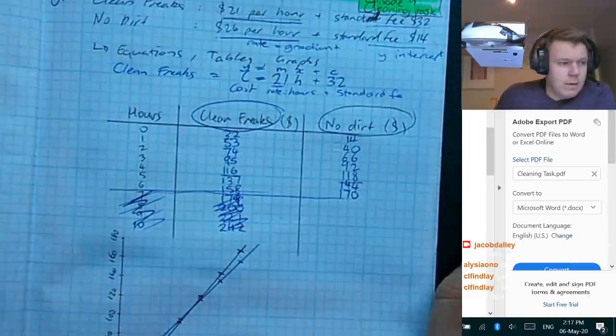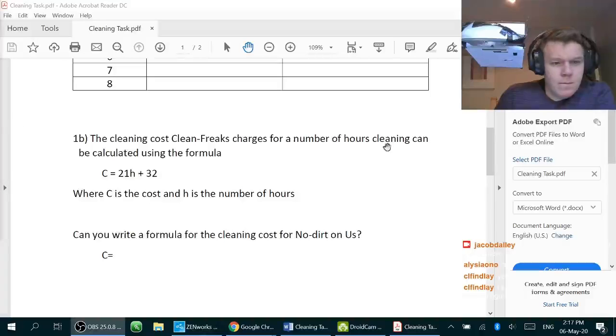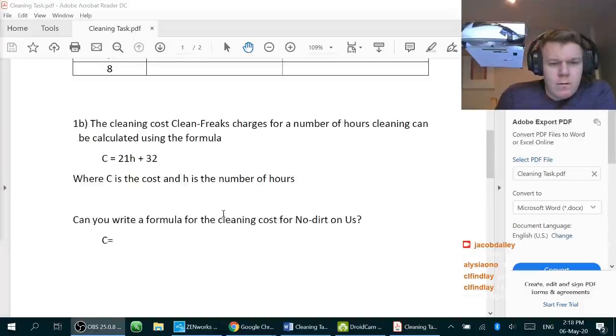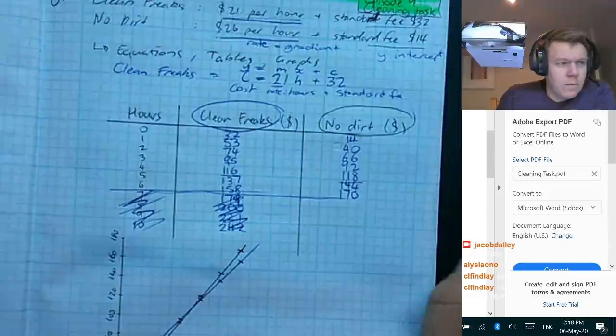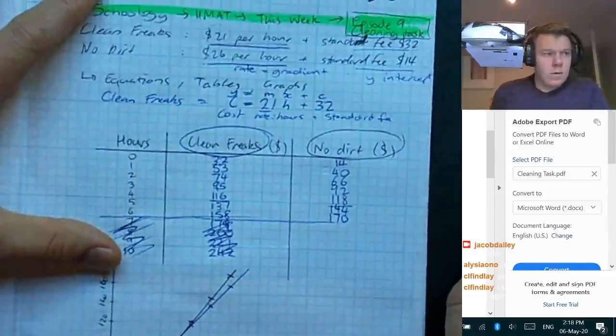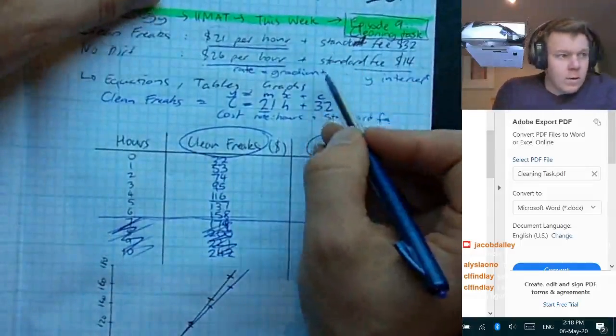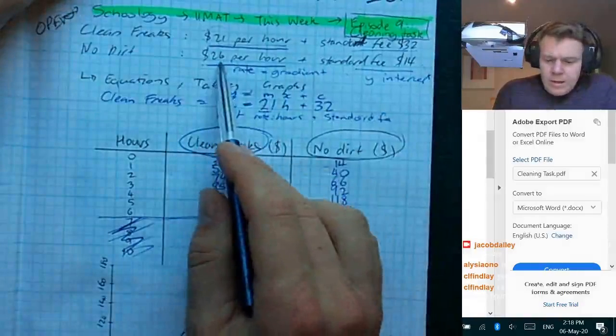Back to the question: write the formula for No Dirt as well. Okay, let's do that. So it's set up the exact same way.